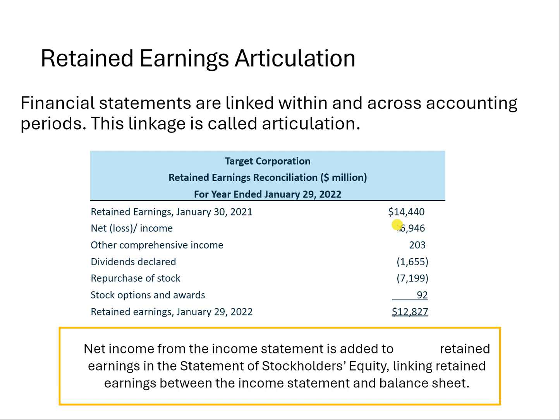Then we add the net income from the current income statement. And we record other changes in our equities, like other comprehensive income, dividends declared, repurchased stock, stock option awards, and we have the ending retained earnings. This will be reported in the new balance sheet. So this is how these financial statements are all linked.